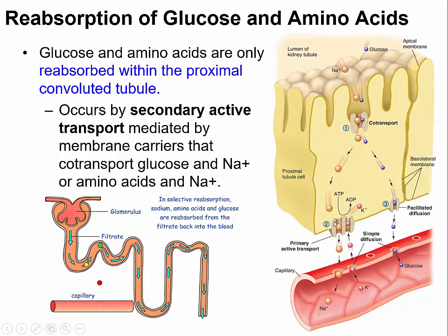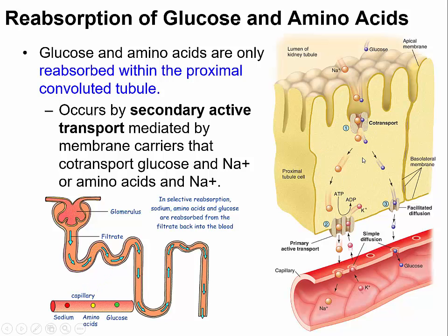So you're moving sodium against its concentration gradient, and that requires ATP. That ATP provides the movement of sodium out to keep sodium low inside the cell, so that this sodium in the lumen of the tubule can continue to move down its concentration gradient and power the movement of glucose from the lumen inside the proximal convoluted tubule. So is ATP used in secondary active transport? Absolutely. It's just used in a different spot.